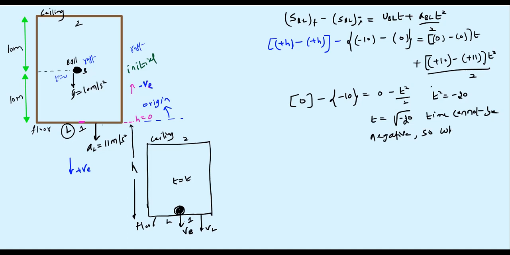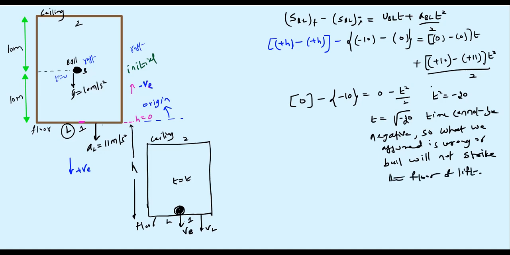So what we assumed is wrong, or the ball will not strike the floor of the lift. Then what should it strike? It should strike the ceiling of the lift.